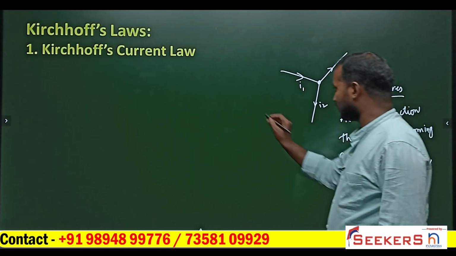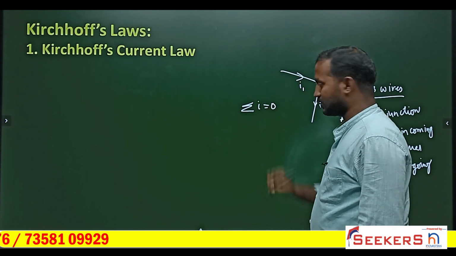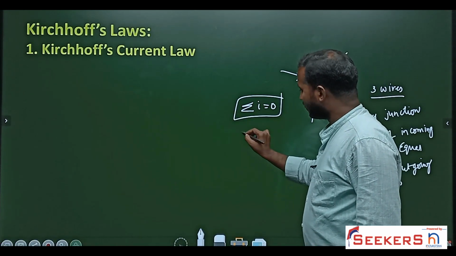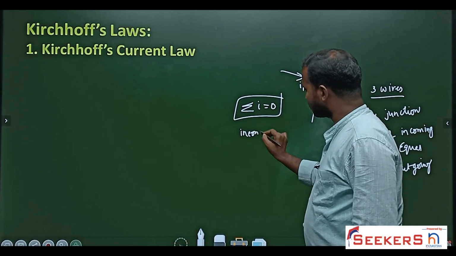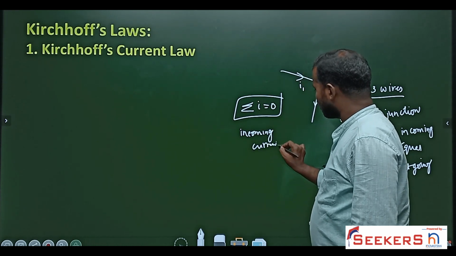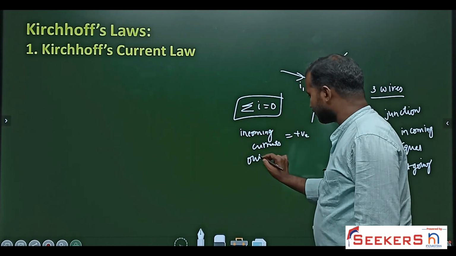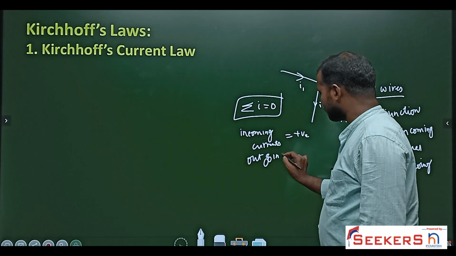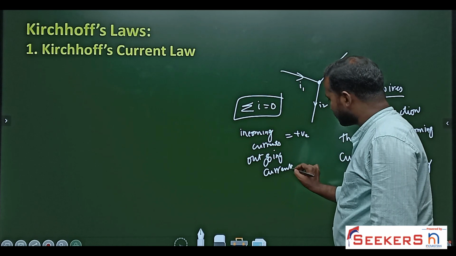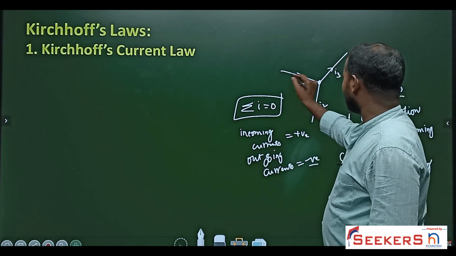Another way of saying the same thing is that the summation of all the currents at a junction is equal to 0. So what does it mean? Here, you have to consider that if you assume incoming currents as positive, then outgoing currents will be negative.